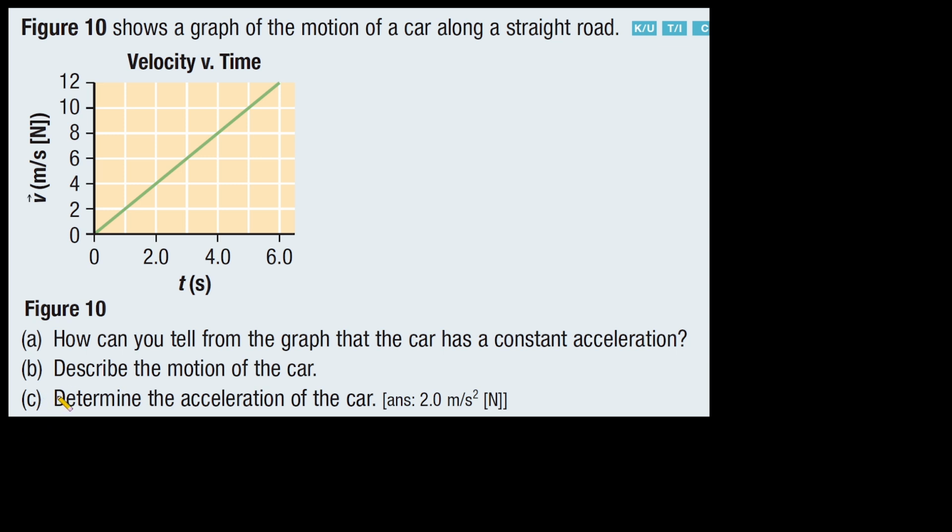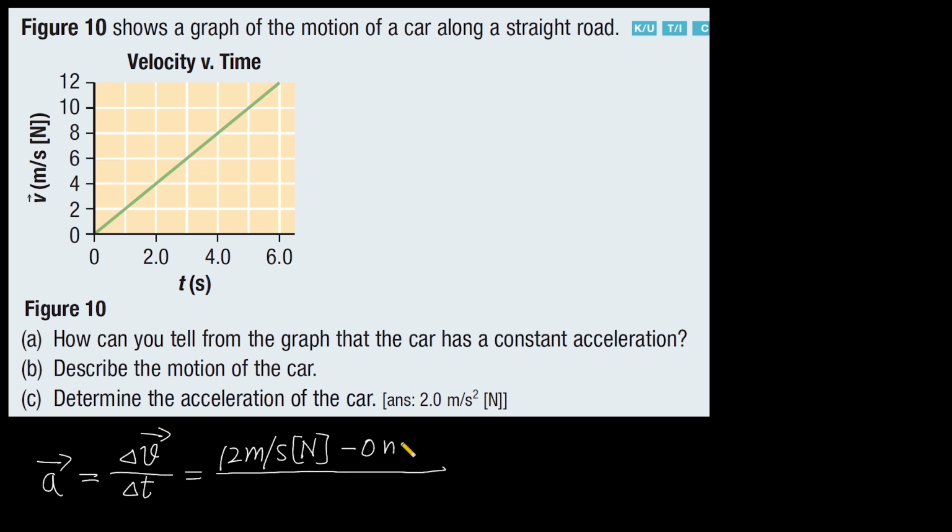Now question C. Determine the acceleration of the car. So the acceleration equals the change of the velocity divided by the time interval for the change. And this equals, at 6 seconds, its velocity is 12 meters per second. The direction is north. Then at 0 second, its velocity is 0 meters per second.